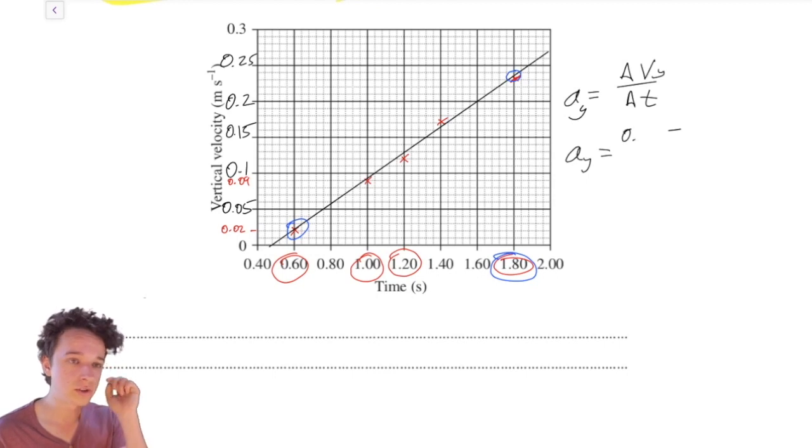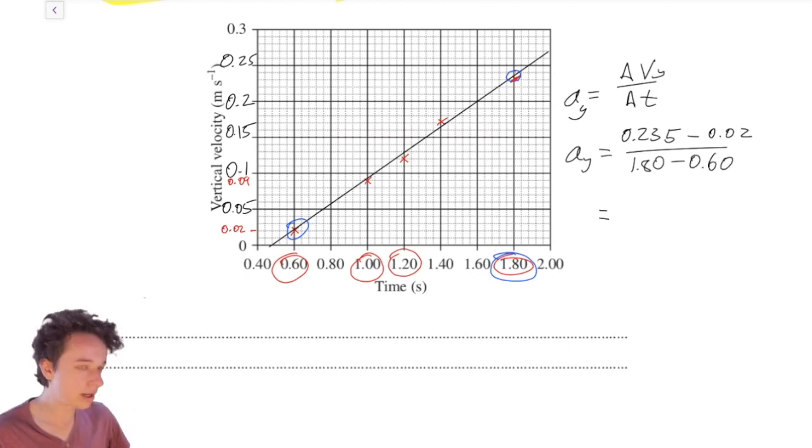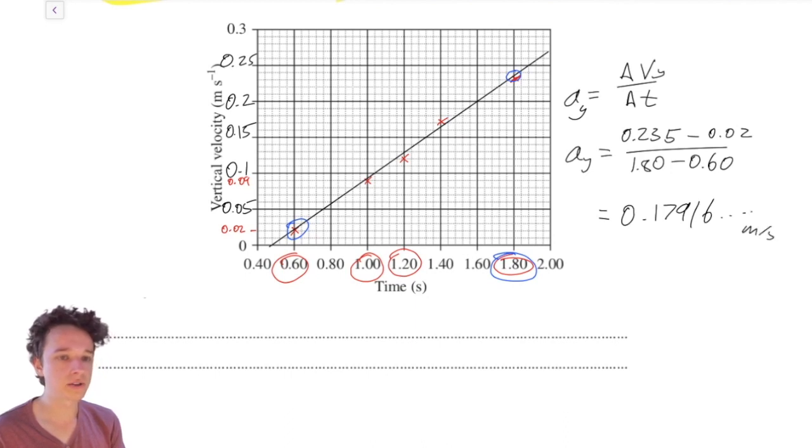So that's 0.235 minus 0.02, divided by 1.80 minus 0.60. Put that into a calculator and you will get 0.1791666 and so on meters per second squared.